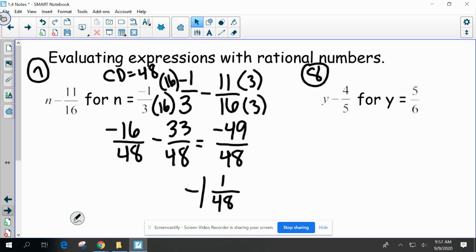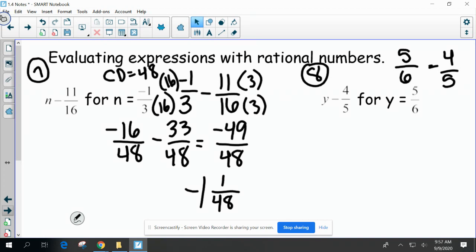Okay, so we're going to go through the same process with number 8. We're going to substitute first. So 5/6 minus 4/5. And 30 is going to be your common denominator.